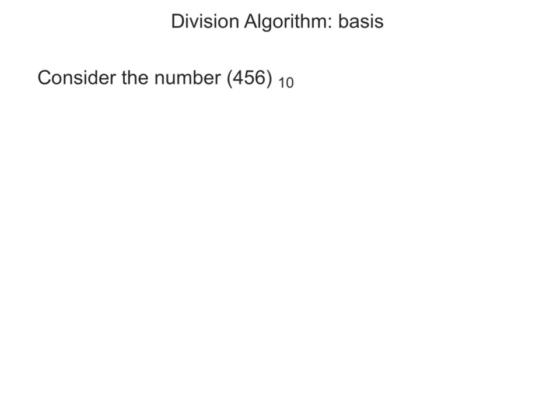Just to remind you about bases, we'll consider the number 456 base 10. This is the number 456. Going from the rightmost digit, that's our ones digit, in other words 10 to the 0.